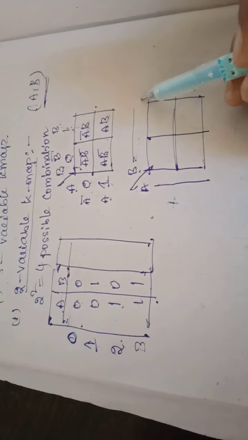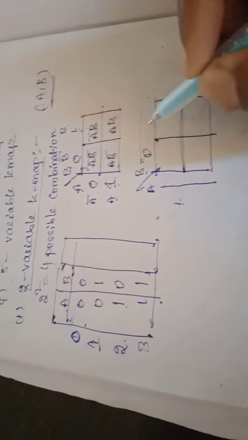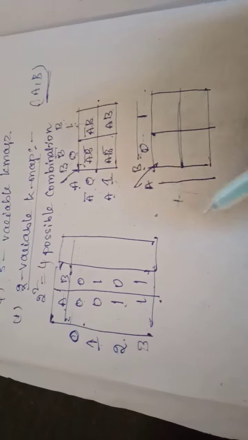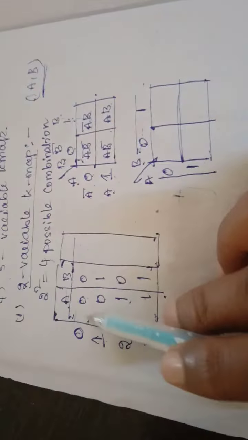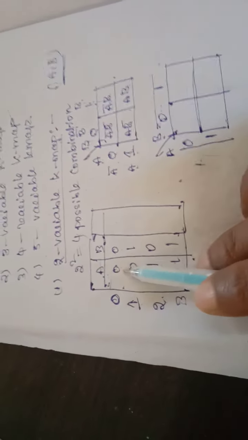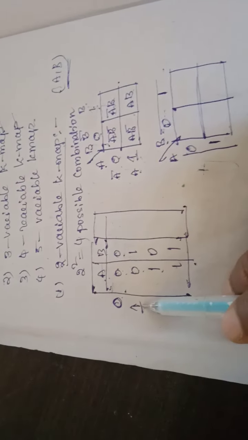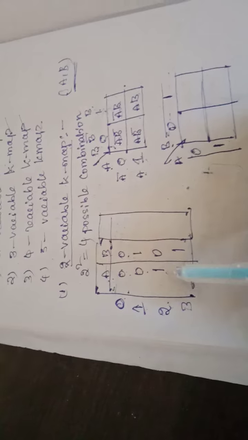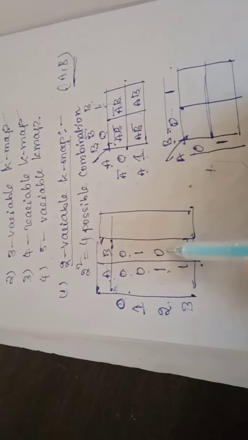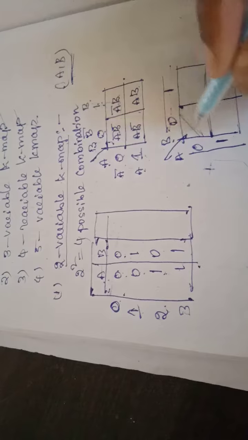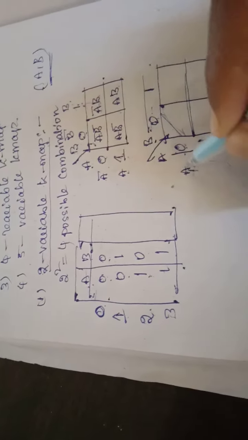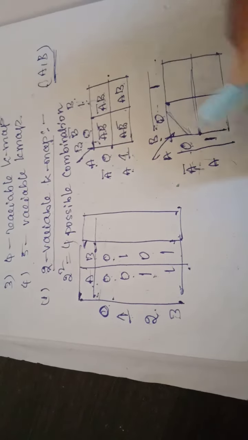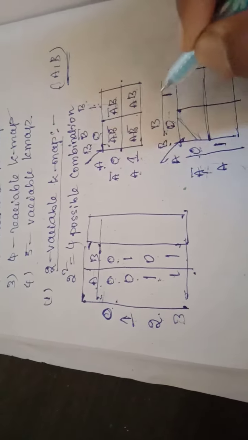Now why are we going to use this K-map? There are different ways available to solve Boolean expressions, like De Morgan's laws, OR laws, AOI laws and inverter laws.